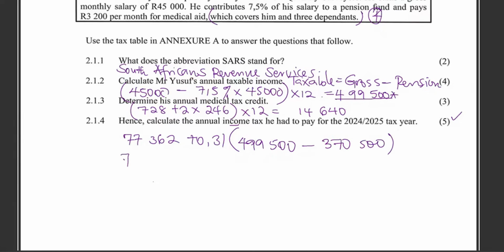At this moment, please simplify what you have in the brackets. When you subtract nicely, you have 129,000. Okay, so you can put this in the calculator now. Actually, you can even put the whole thing.